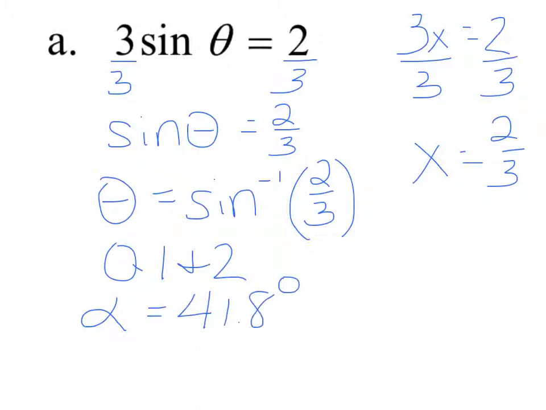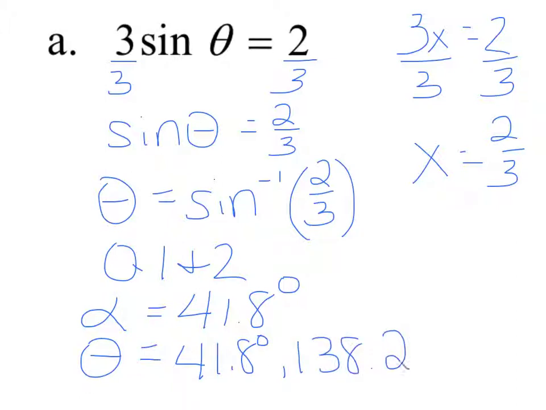Make sure you have it on degree mode. Because we're in quadrants 1 and 2, our theta is going to be 41.8 degrees, and in quadrant 2, it's 180 minus 41.8, so that would be 138.2 degrees.